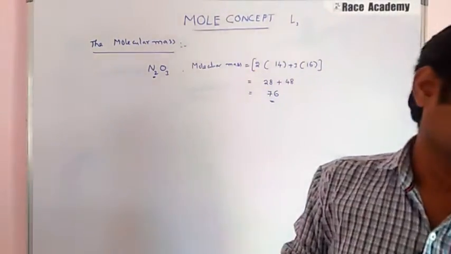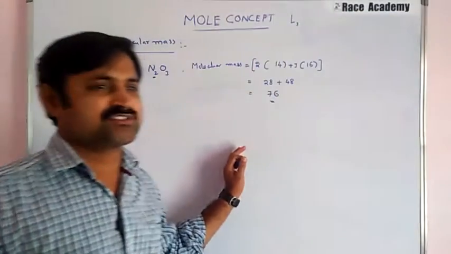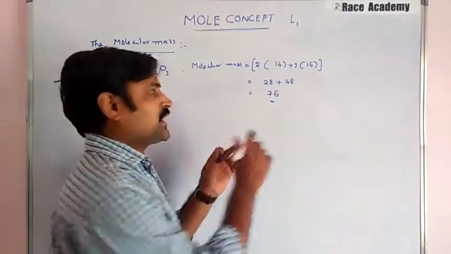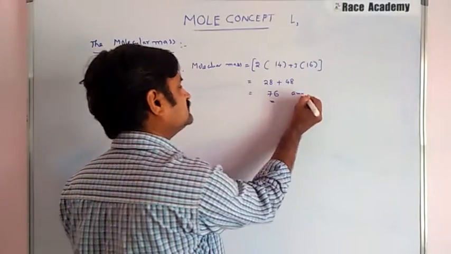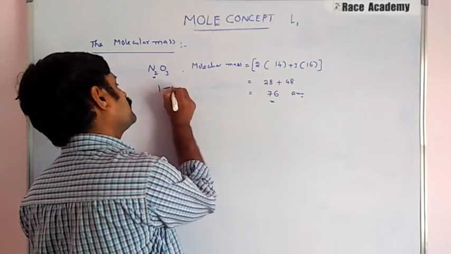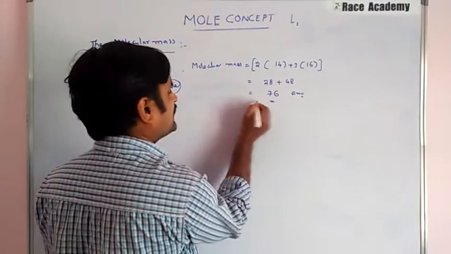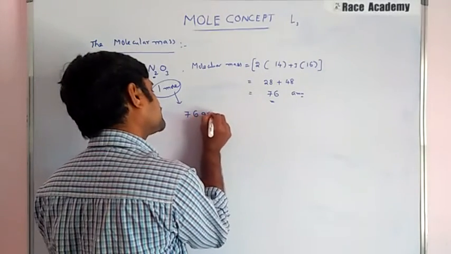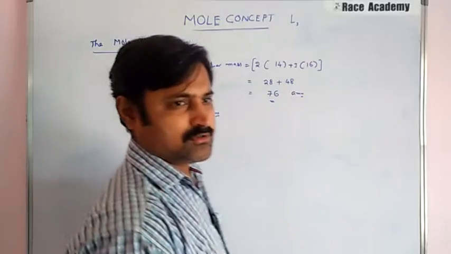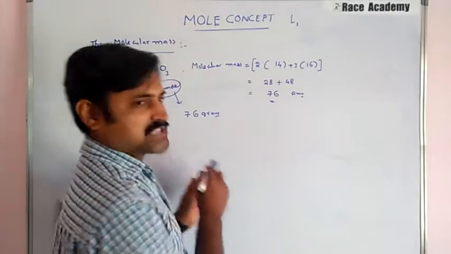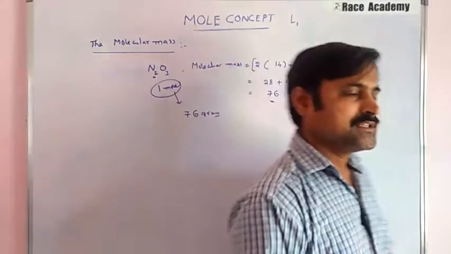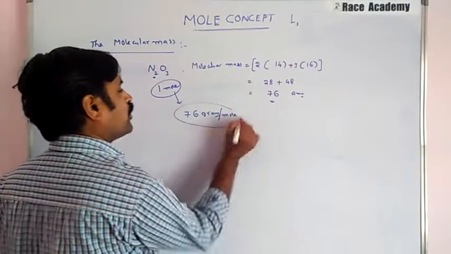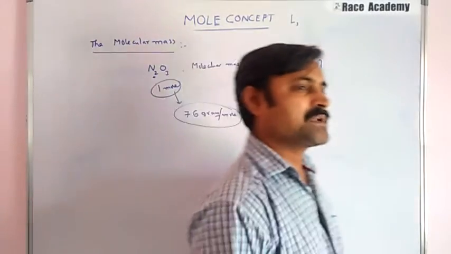What are the units of this mass? When expressed in AMU, atomic mass units, this is about 1 molecule of the substance: 76 AMU. That means 1 mole of N2O3 is 76 grams. So if the molecular mass or molar mass of N2O3 is asked, it is 76 grams per mole.